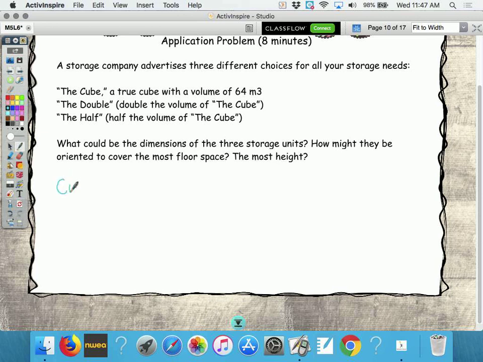Okay, so there's one that's 64 meters. That's called the cube. So write down cube. And then we're going to figure out the dimensions here in a minute. So 64 cubic meters. Okay.